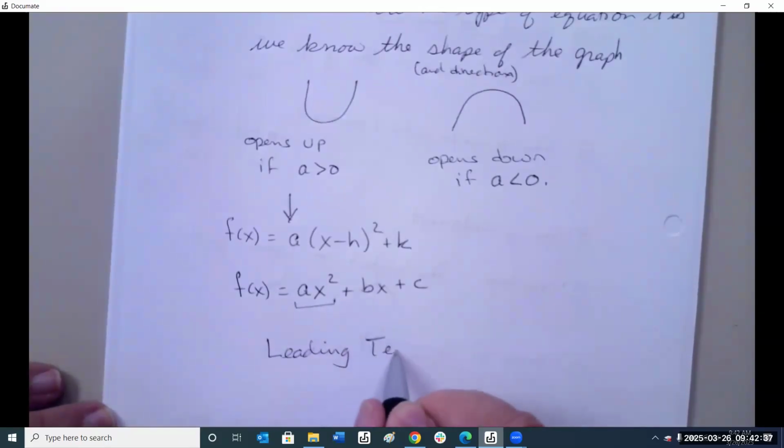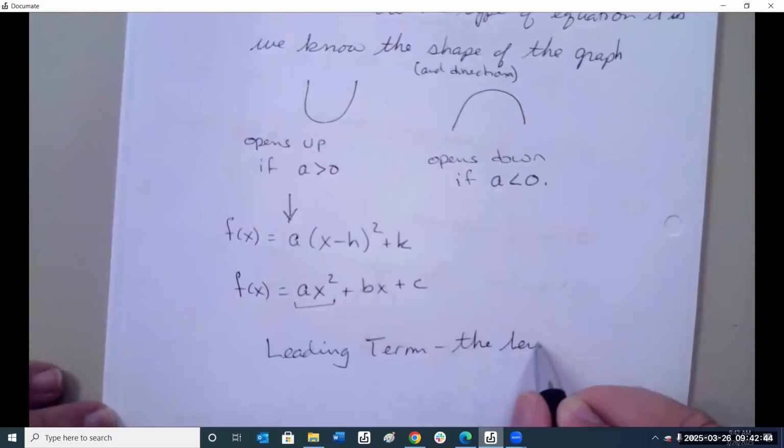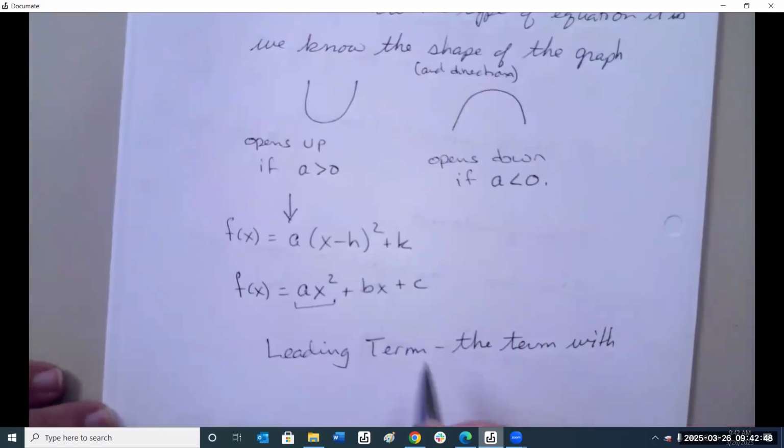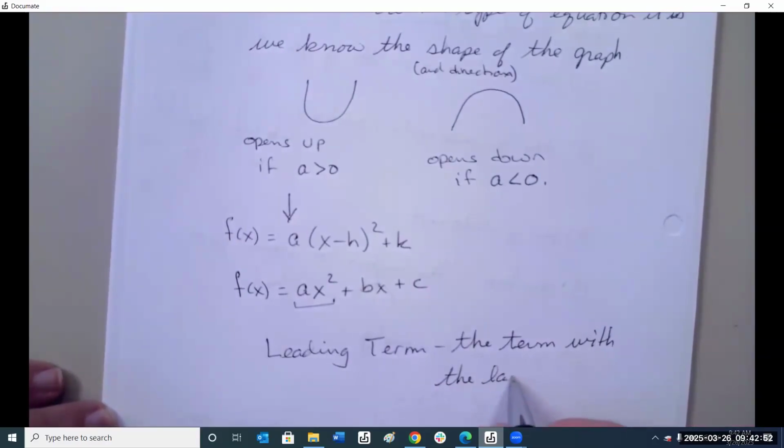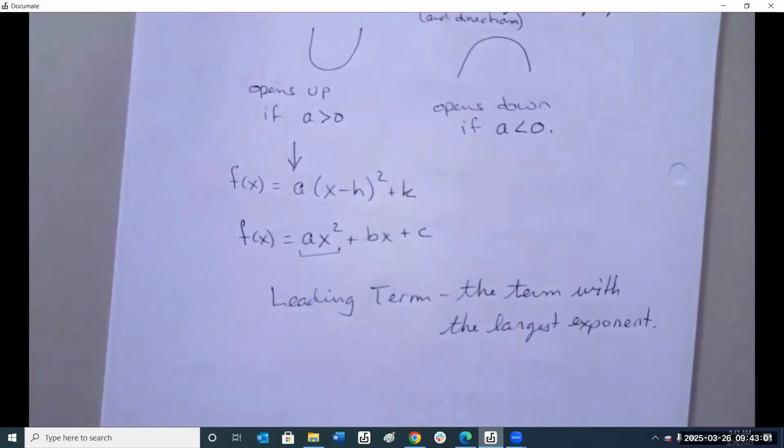The leading term is the term with the largest exponent. That's the leading term.